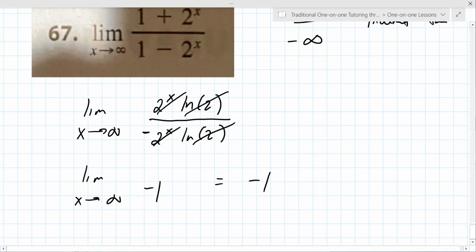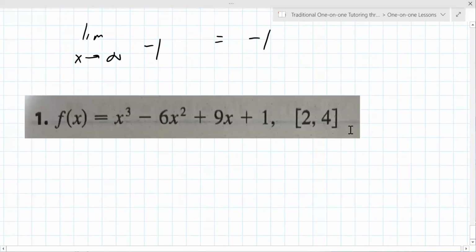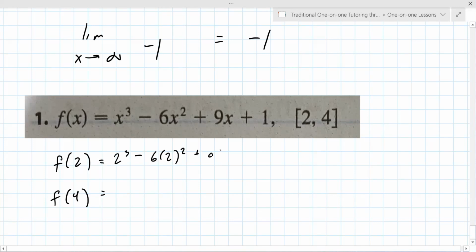All right. So whenever you're given number 1, I don't know how to do the other ones. Whenever you have a closed interval like this, I like to first test the endpoints to get the values. Okay, so that's 2 cubed minus 6 times 2 squared plus 9 times 2 plus 1. And then 4 cubed minus 6 times 4 squared plus 9 times 4 plus 1.